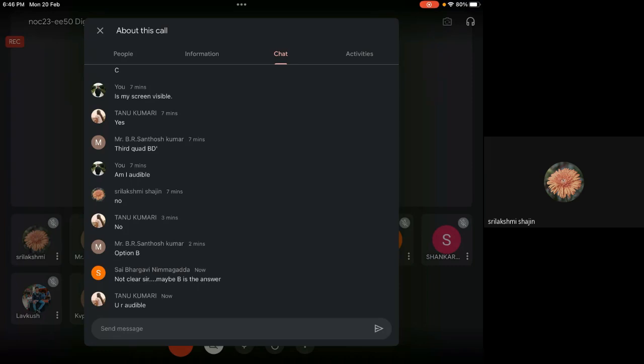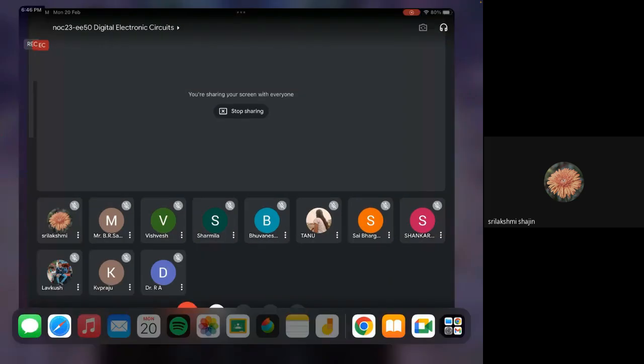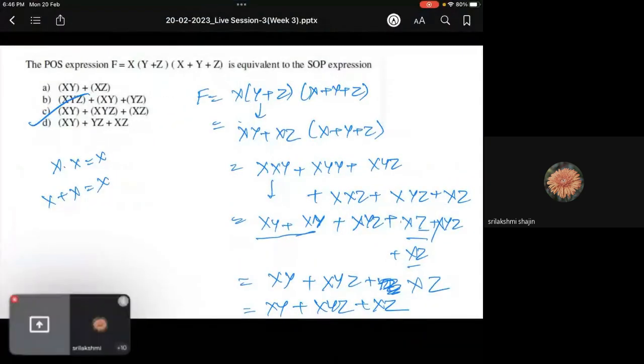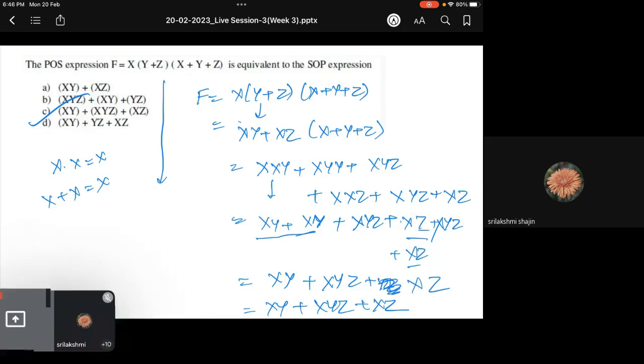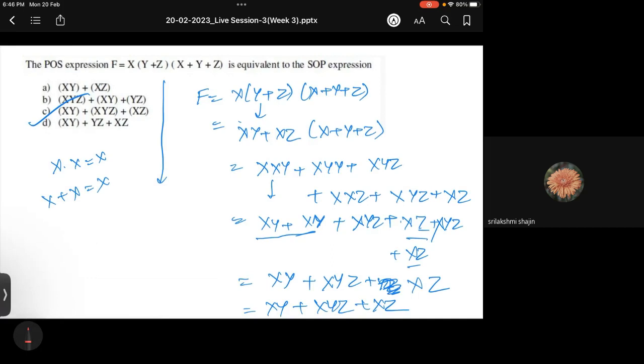So you were saying maybe B is the answer. Okay, I'll check. I'll redo it here. I'm opening this xy plus xz and then multiplying it with x plus y plus z.